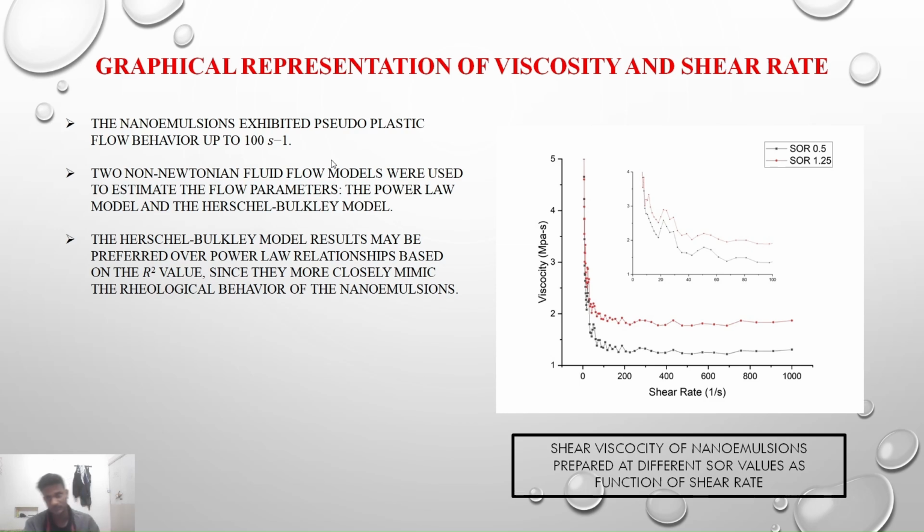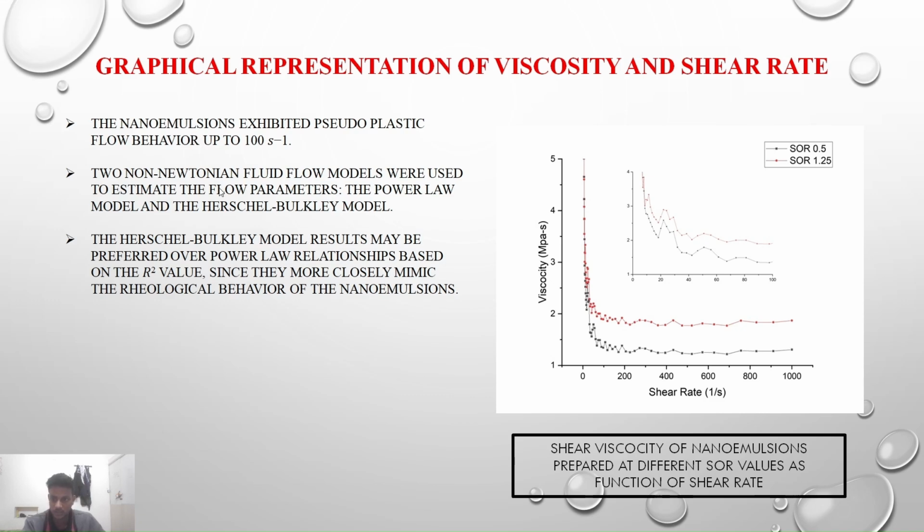The nanoemulsion exhibited pseudoplastic behavior. From 0 to 100, the viscosity decreases, meaning as the shear rate increases the viscosity decreases. So in this range the nanoemulsion behaves as a pseudoplastic. I have mentioned here that the nanoemulsion exhibits pseudoplastic flow behavior up to 100 per second. After that the viscosity becomes constant.